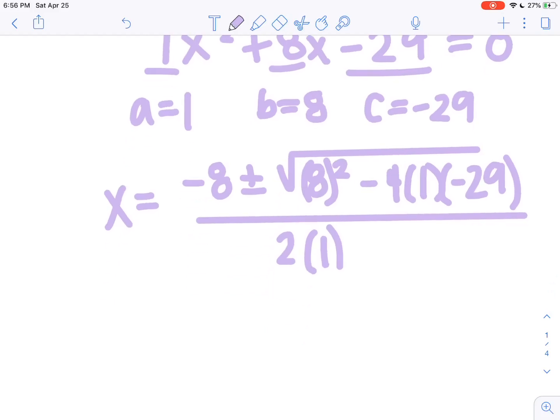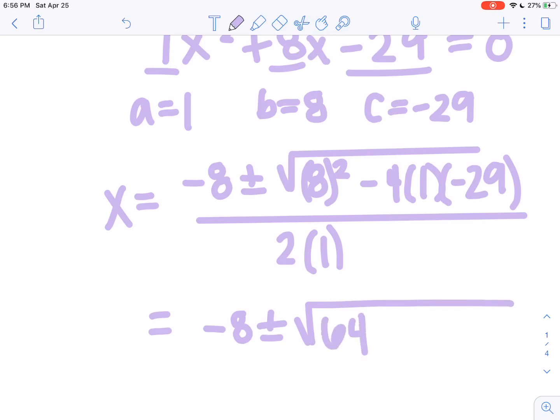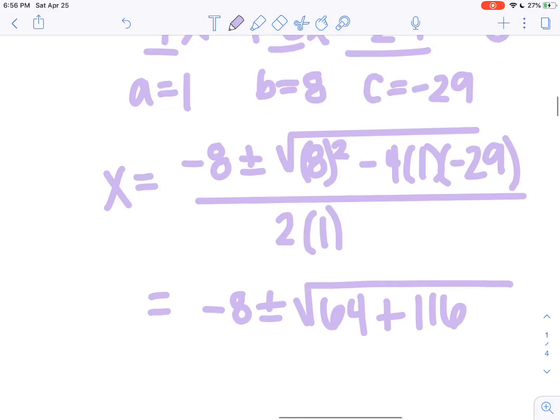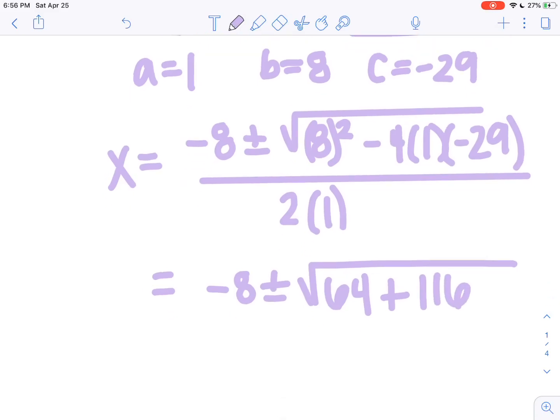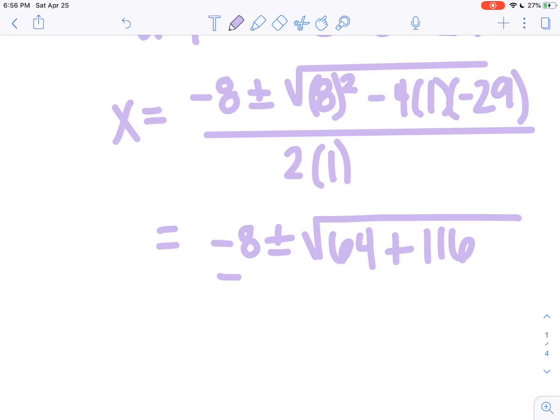Okay, so I'm going to calculate out the inside of my radical first. So 8 squared, that's 64. And then I have negative 4 times 1 times negative 29, which is positive 116, all over 2.